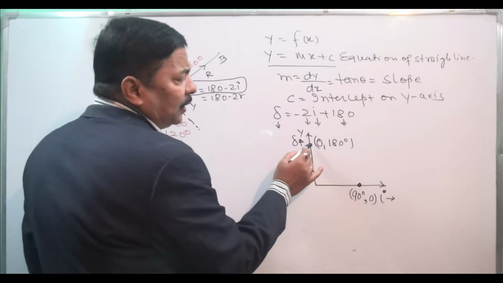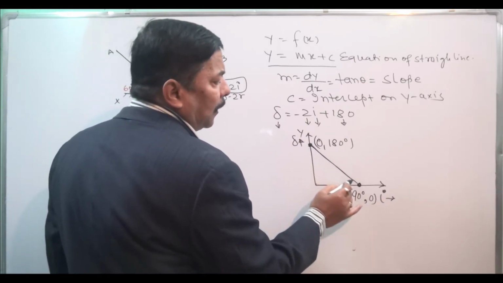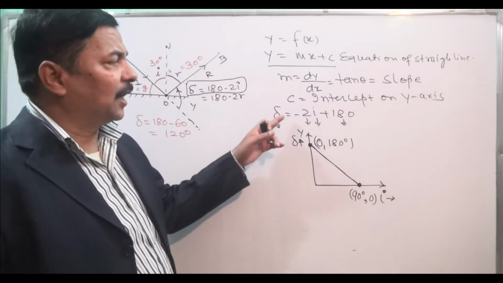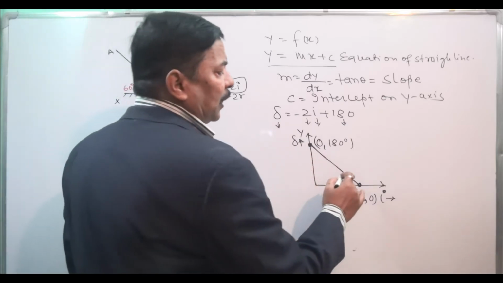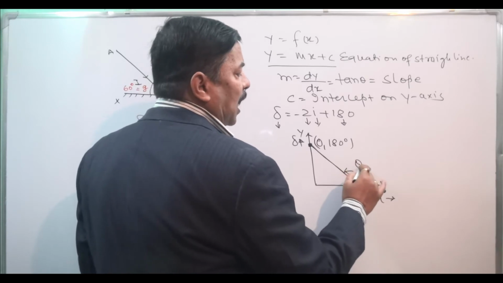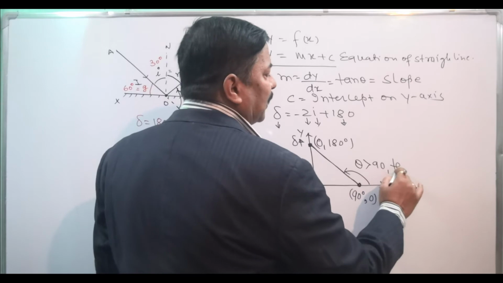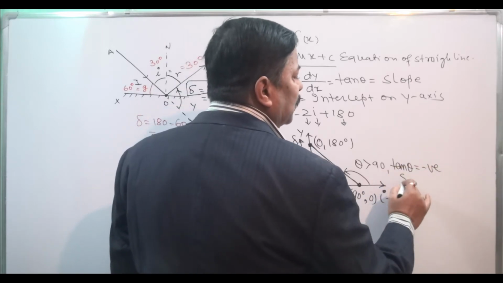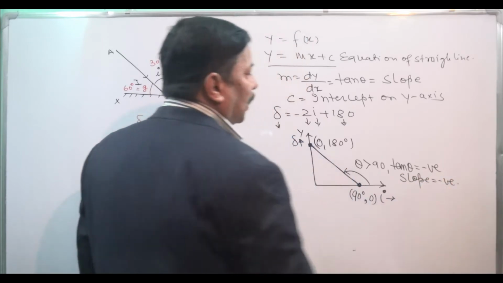If we join these two points, this is representing the curve which is a straight line with negative slope. Why? Here you see, the value of theta is greater than 90. That means tan theta is negative. That means the slope is negative.